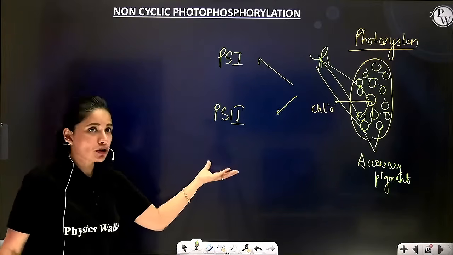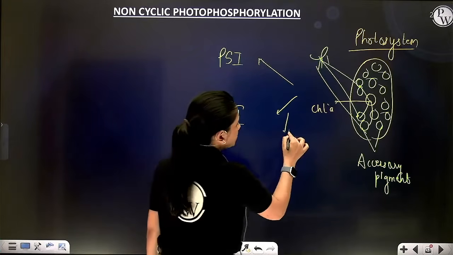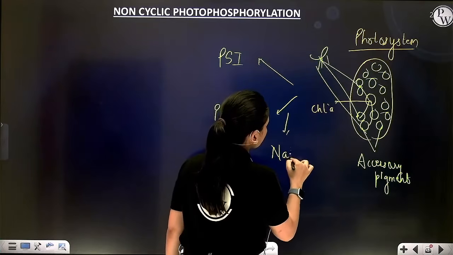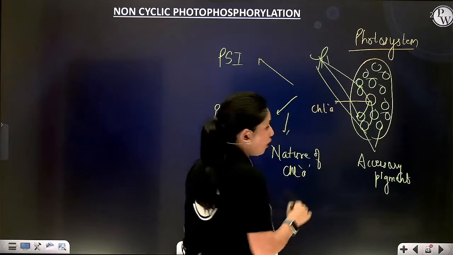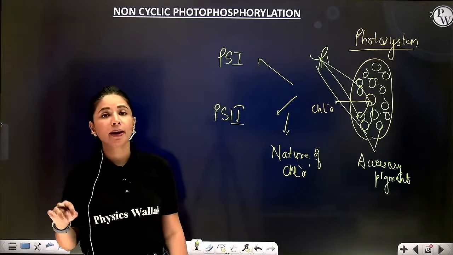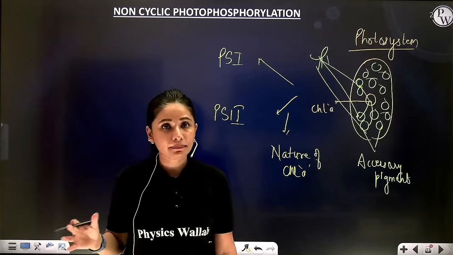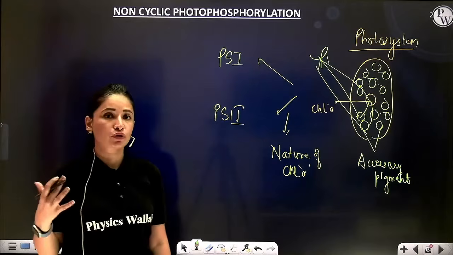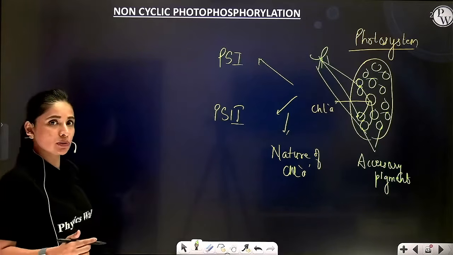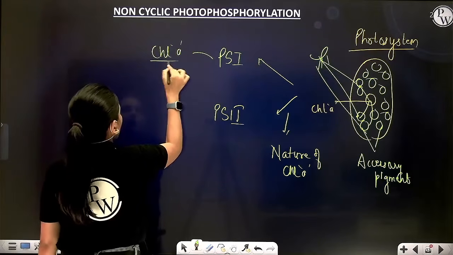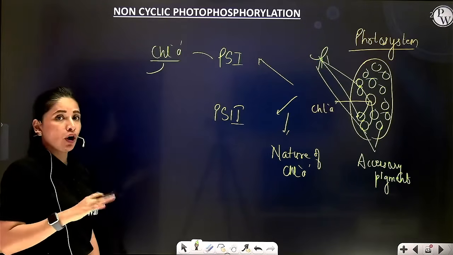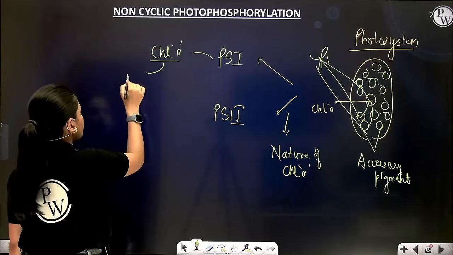This type of classification is done on the basis of the nature of chlorophyll A, that is which wavelength of light is absorbed by chlorophyll A. In photosystem 1, the chlorophyll A absorbs light of beyond 680 nanometers.